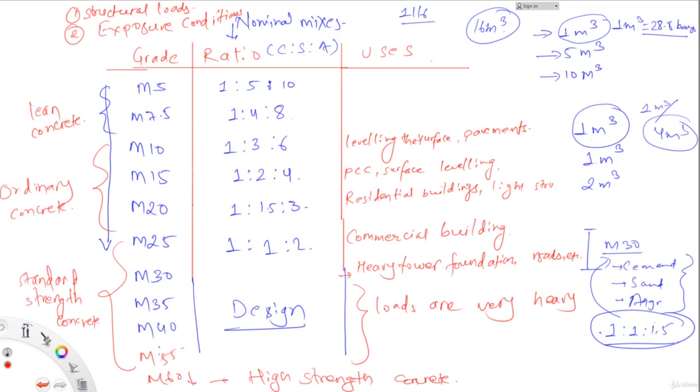And within a structure, it might also happen that, let's say this is my structure over here, a building. This is the ground level and this is the footing of this building.